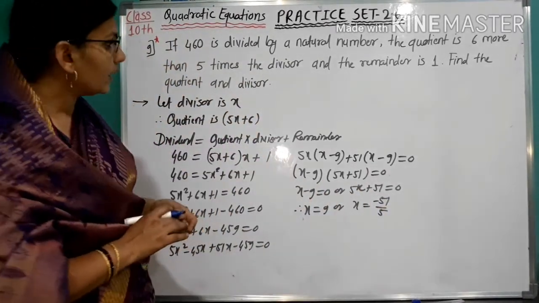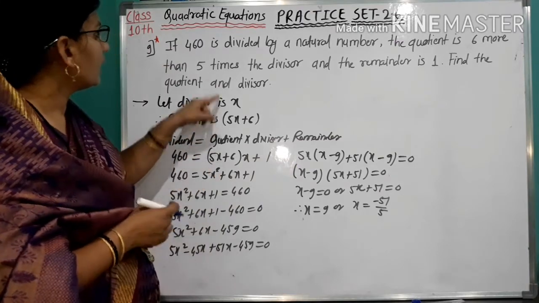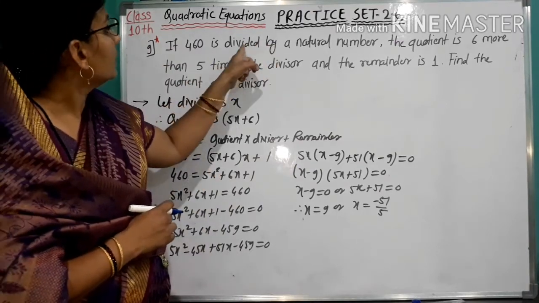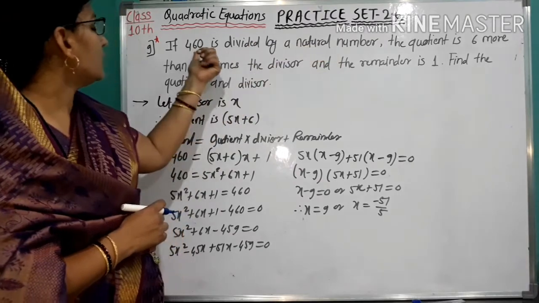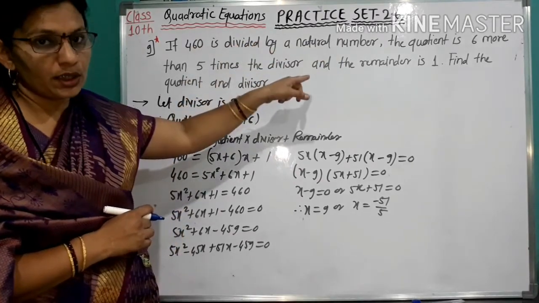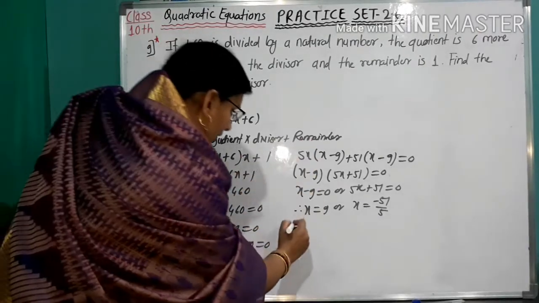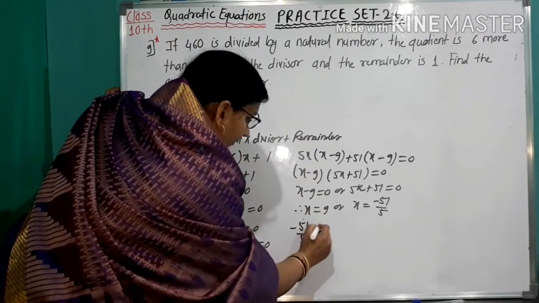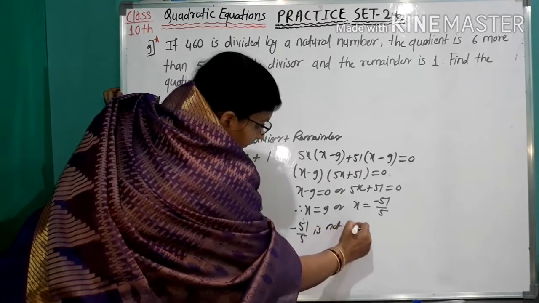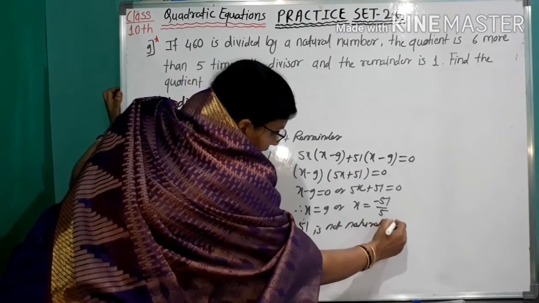There are two values of x, but x is the divisor and divisor is a natural number. This 460 is divided by a natural number, and this minus 51 by 5 is not a natural number.